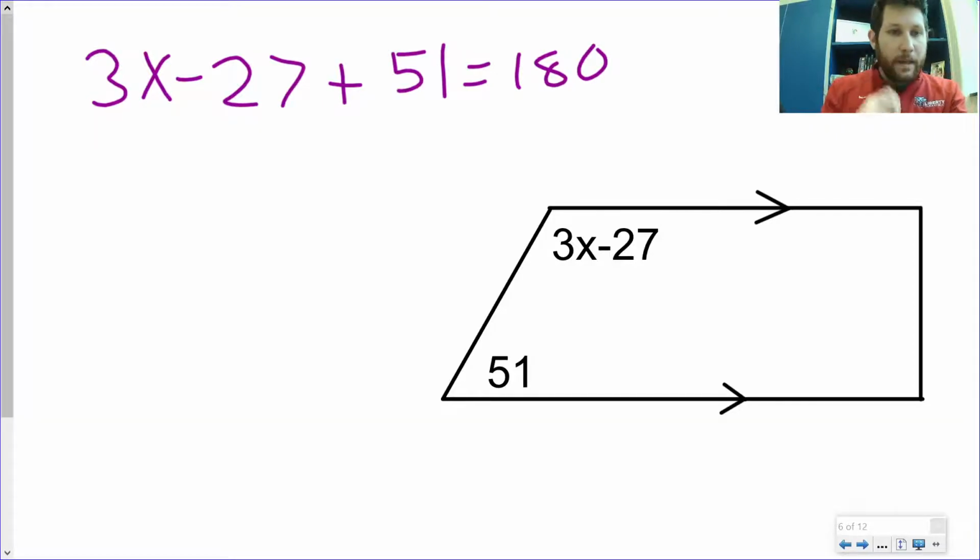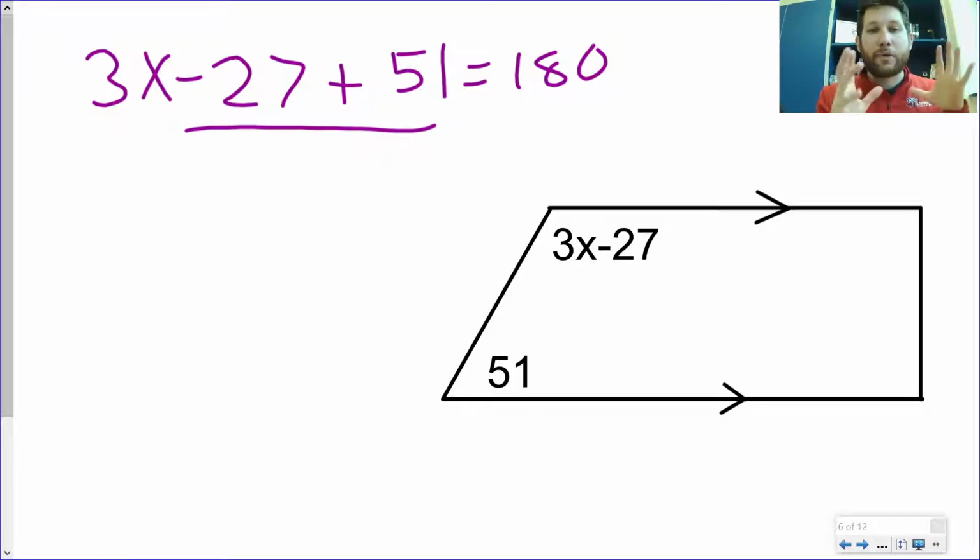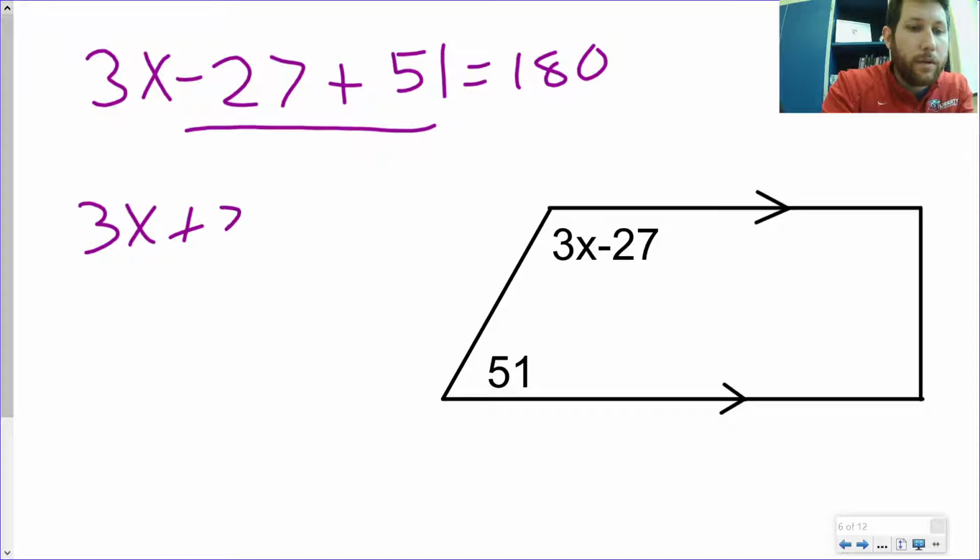All right? Now, just like we always do when we're adding things together and setting equal to 180, we want to simplify one of the sides. So we've got 3x here, minus 27 plus 51. So that is going to come out to something like 3x plus 24 is equal to 180.